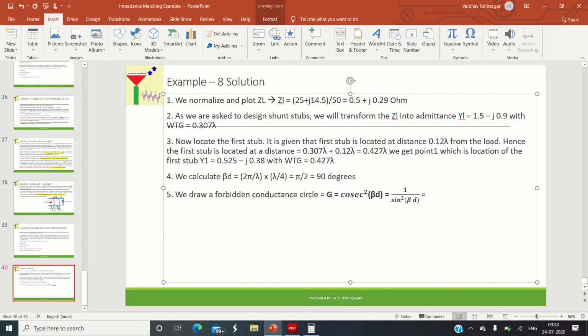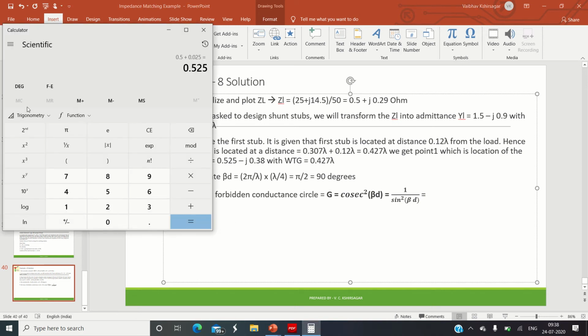Sine 90 degrees, we know that it is 1. So sine 90 into sine 90 is 1. Please remember, sine square of beta D can be written as sine of beta D multiplied by sine of beta D. Beta D is 90 degrees, so sine of beta D is 1.